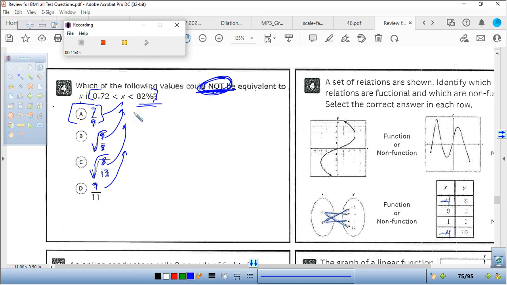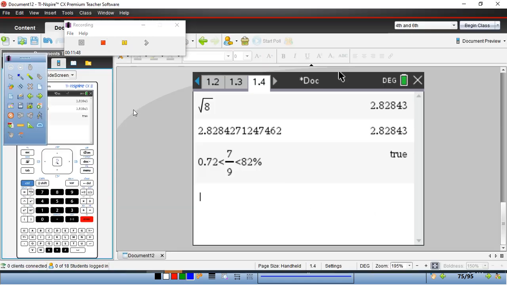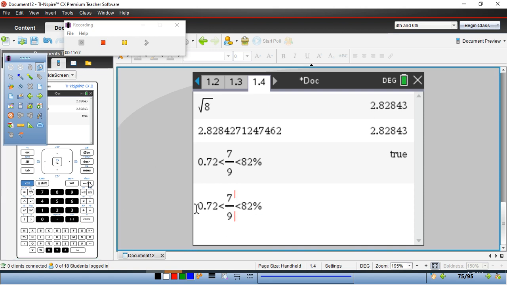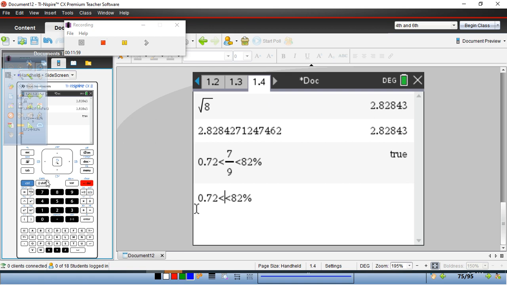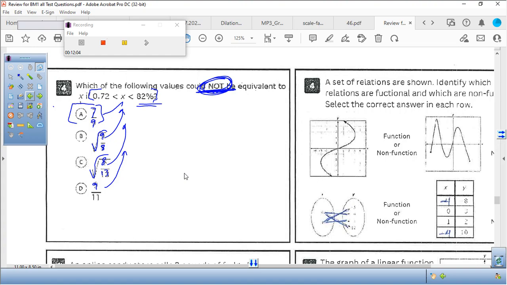So on this one here, I went ahead and pressed enter on the calculator, and it was true. And I'm, again, looking for the one that's false. So my little cheat: I'm actually going to press up, and it brings it back down. It allows me to change it to the next number. The next number is a fraction, so it's going to be the square root of a fraction.